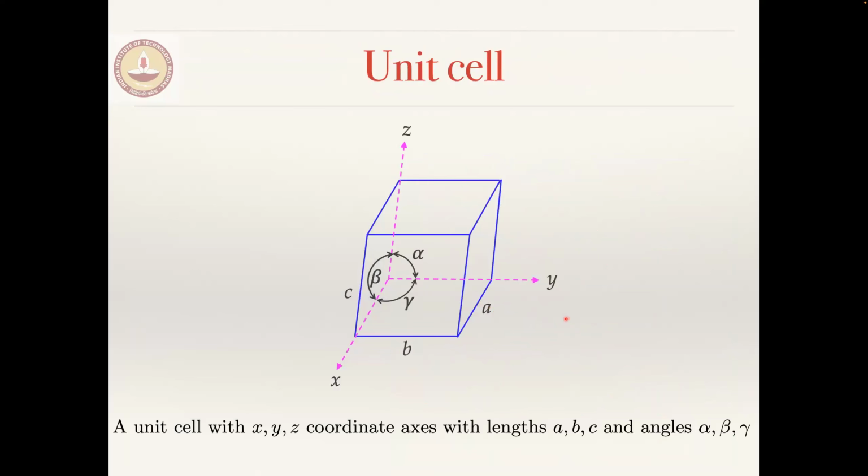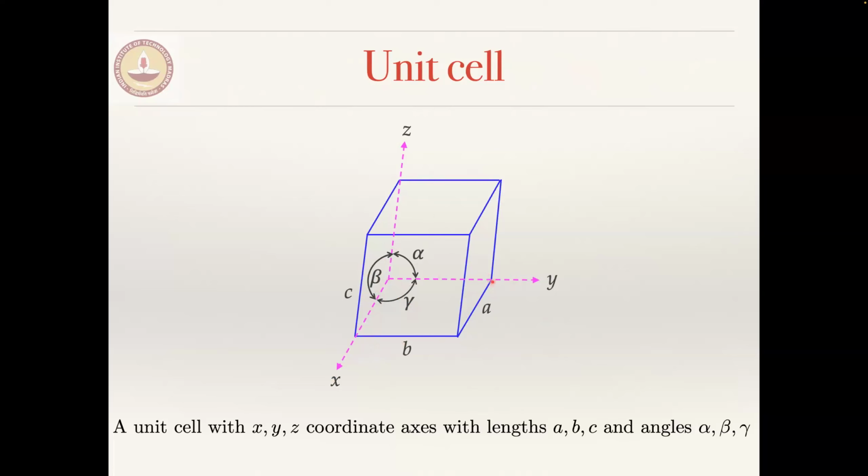Now let us look at the unit cell. Now we need to understand unit cell geometries. As we have said, in a unit cell, it's a 3-dimensional geometry that we are talking about. Let us say this is my x-axis, that is my y-axis, and that is my z-axis. Usually we will use a right-handed coordinate system, and hence, once you define the x and y axes, the z-axis is fixed.